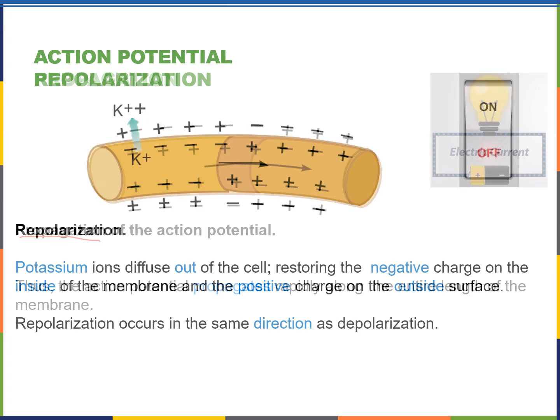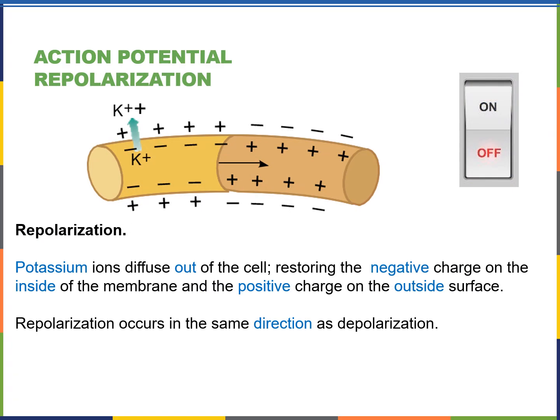While that is happening, we get a situation where the action potential is traveling along the axon, and an event called repolarization is beginning to happen at where the action potential started, where the sodium ions first came in.